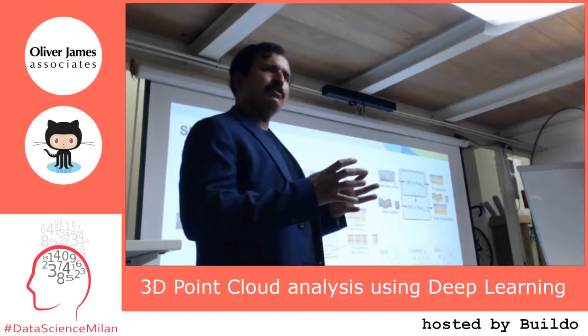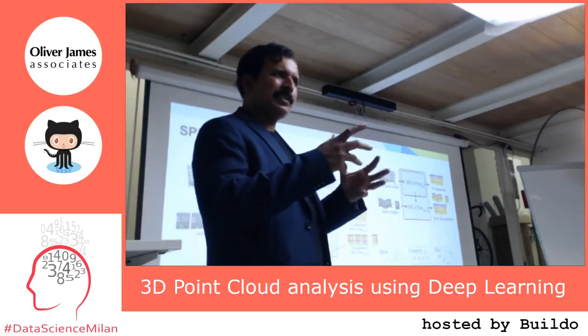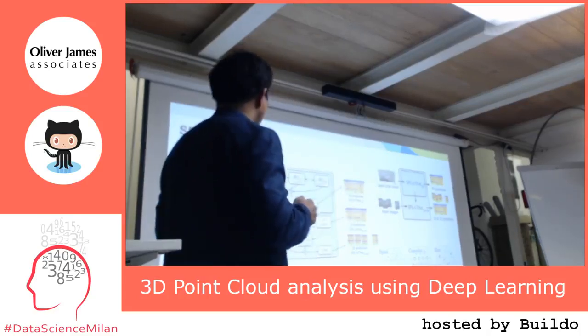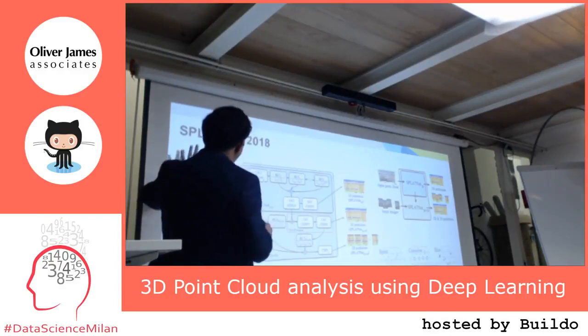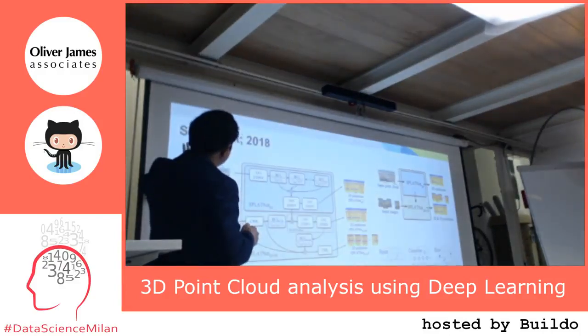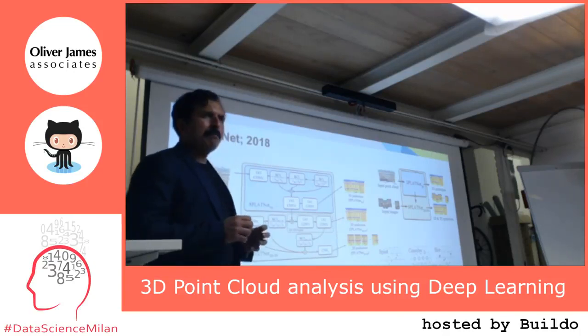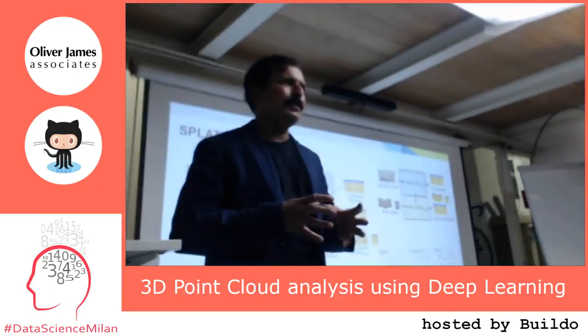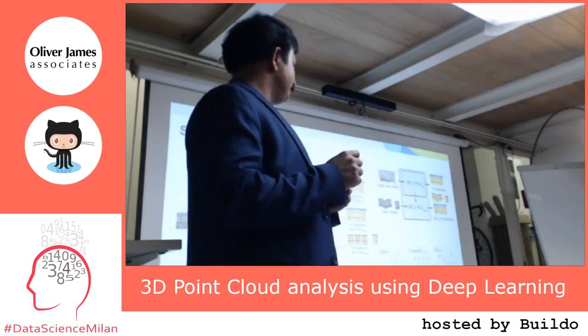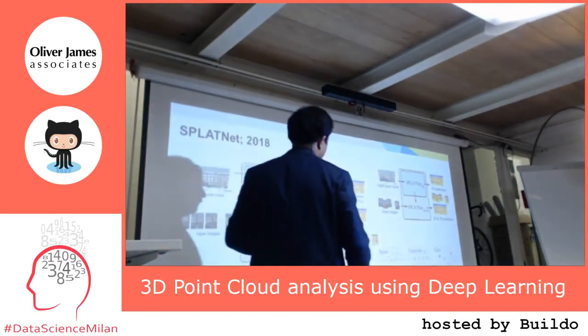Something similar to the OctNet and octree data structure, but they use the word sparse lattices because they introduced a concept called bilateral convolutional layer. Let me explain that.